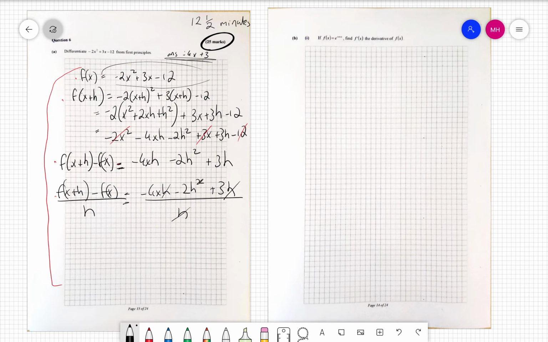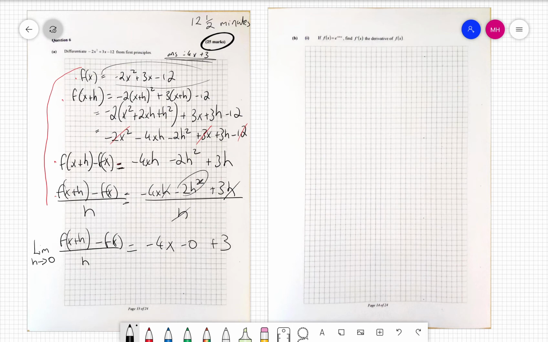So you now need to introduce your limit. So it's the limit as h approaches 0 of your function f of x plus h minus f of x divided by h, which is going to be minus 4x minus 0 plus 3.